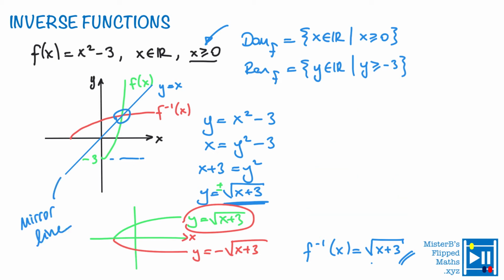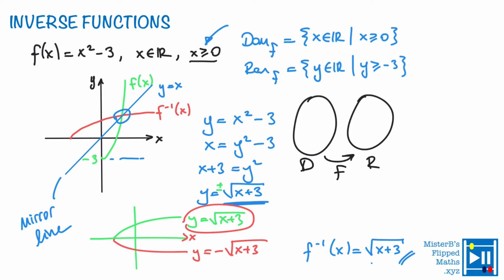Now I'm going to write the domain and range of the inverse of the function. Well, we don't need to spend too much time on this, because what happens is, if the domain of f is this, and this is the range, and the function is defined like that, the inverse function will be defined the other way around. So the domain of the inverse function will be this, and the range will be this.